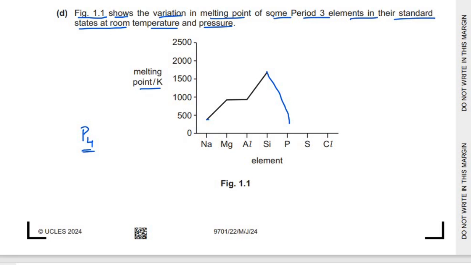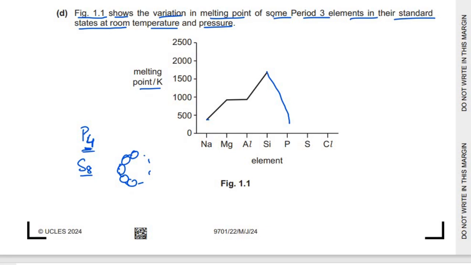Now compared to phosphorus, the sulfur has a S8 structure. Sulfur exists in a ring structure with 8 atoms all together. It will form a ring structure with 8 sulfur atoms this way. And so the van der Waals force between the 2 sulfur molecules will be greater than the van der Waals force existing between 2 phosphorus molecules, which is P4, because the atoms here are P4 only, so the electrons are less.